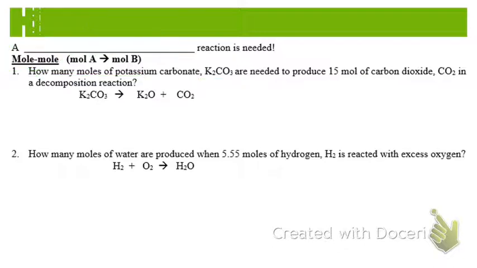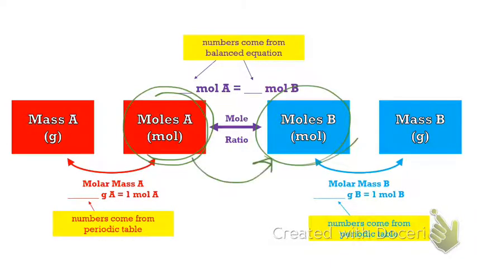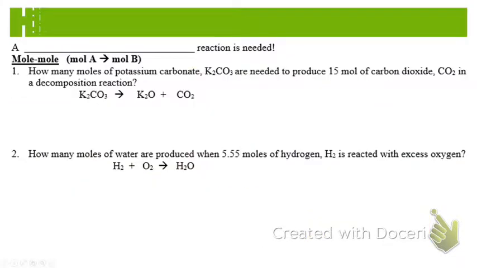So if we look back at that map, this section right here is just given moles, trying to find moles. All I need to get between these two things is our mole ratio. No molar masses yet. So let's get started.